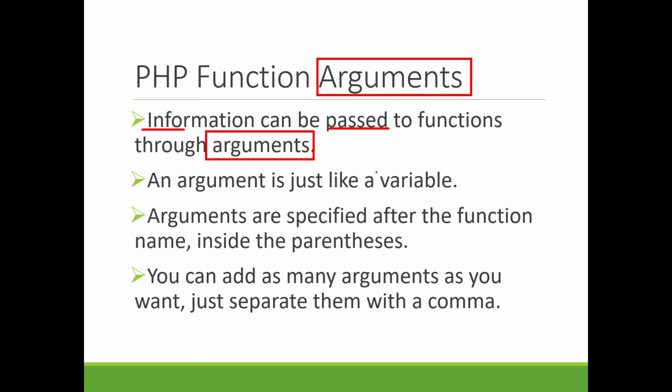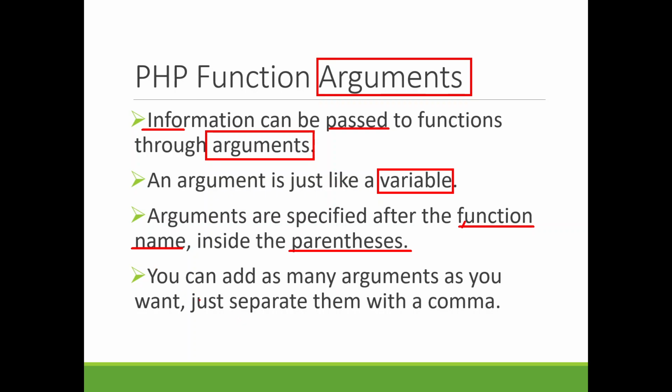Normally an argument is just a variable. We just declare a variable in the parameter list. They're normally specified inside the parentheses, which is why we say the parameter list. The parentheses are the ones just after the function name.